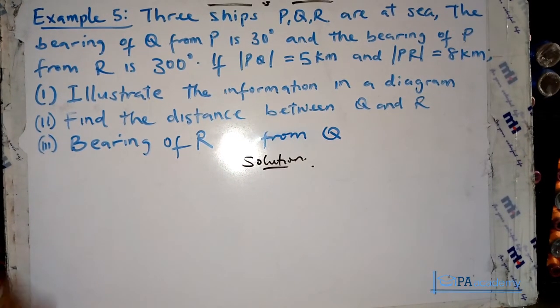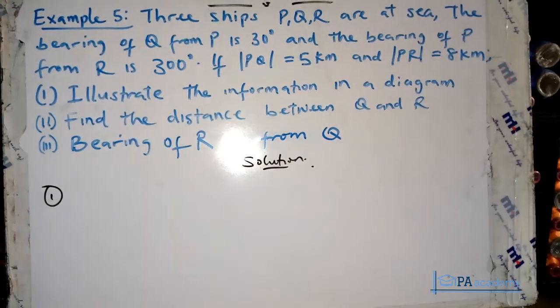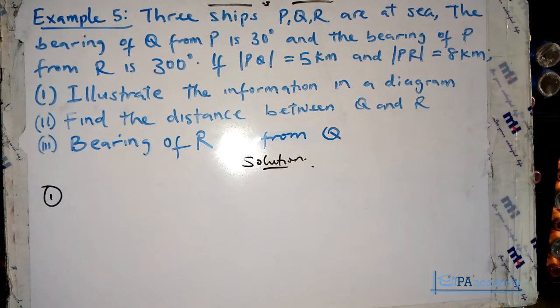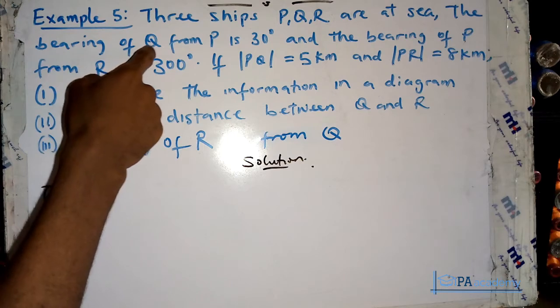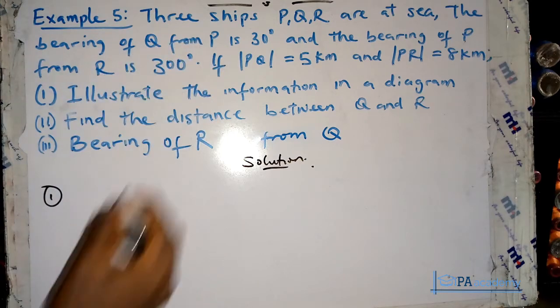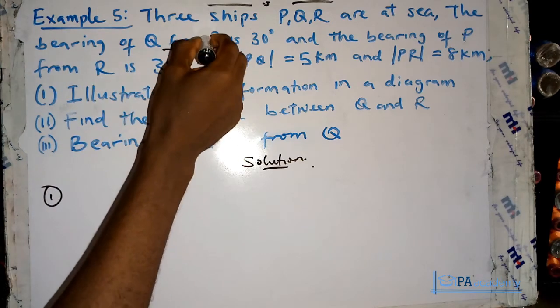So let's look at the question. Three ships P, Q, R are at sea. The bearing of Q from P. Now pay attention to this: from.